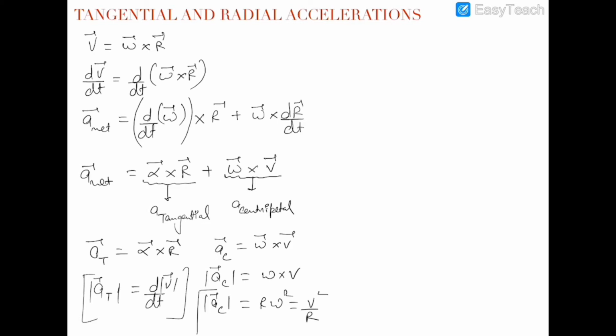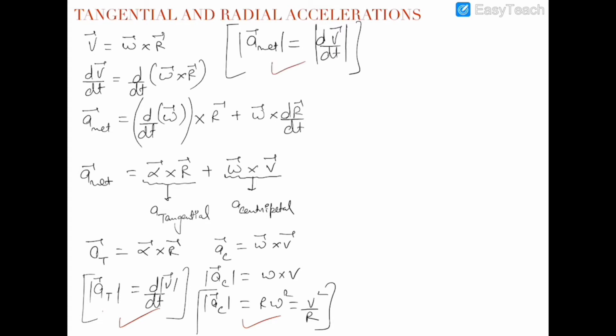So this is the centripetal acceleration, r omega square or v square by r, and dv by dt is the rate of change of magnitude of net velocity, that is, the magnitude of tangential acceleration. So I am marking these important terms: this is the magnitude of tangential acceleration, and this is the magnitude of net acceleration.